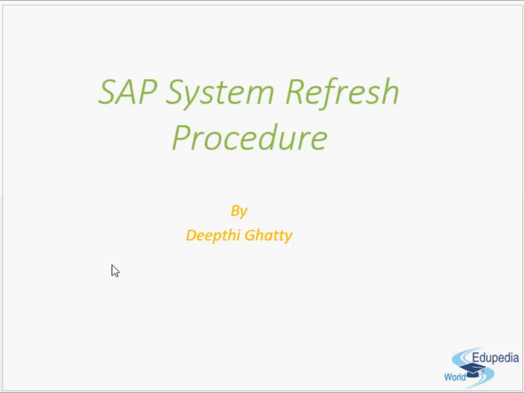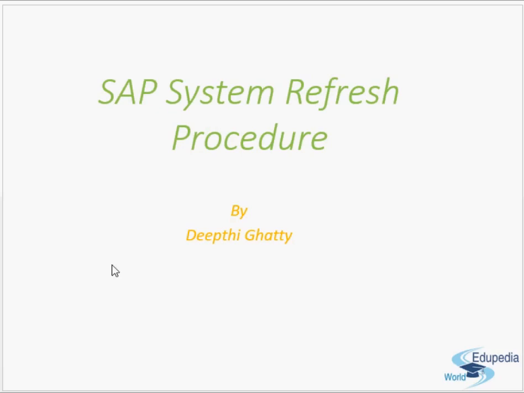If you test on different data, something other than the production data, the testing is not correct. So you have to test it on the same data that you have in the production box. That's why you have to copy this data from the production system to those mirror systems. You have to refresh the mirror systems. So this is the concept of a system refresh, and that's why it is done.